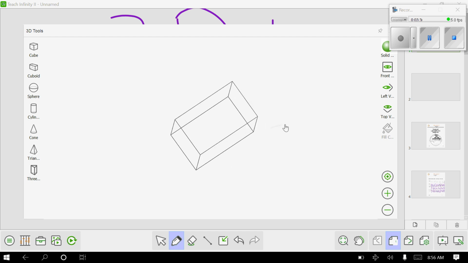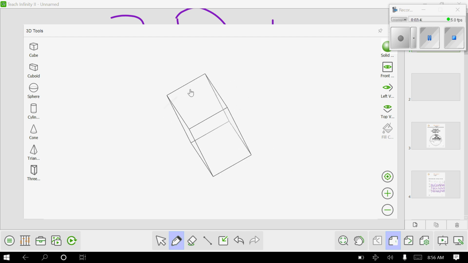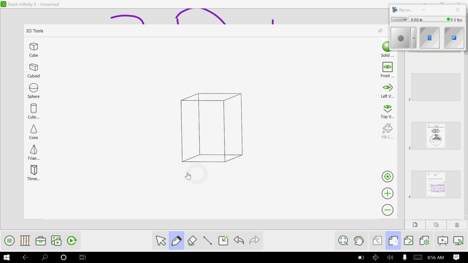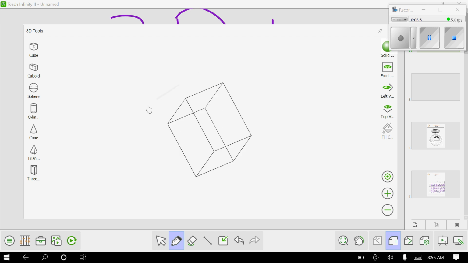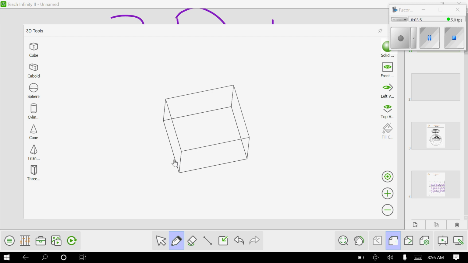How many edges? I have 4 up and 4 down and 4 around. The total will be 12. So again, I have 6 faces, 8 vertices, and 12 edges.